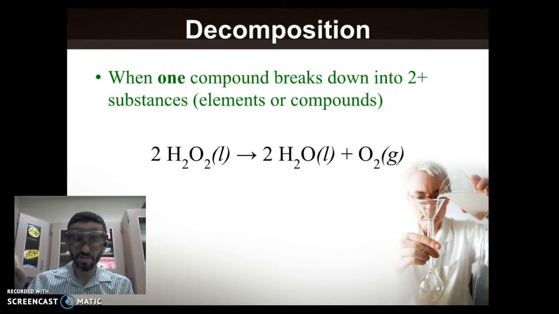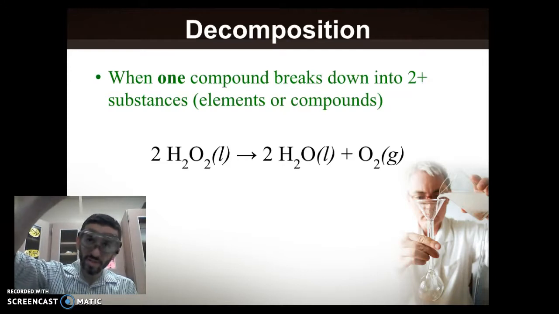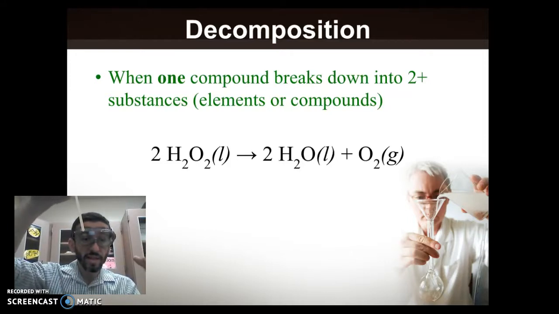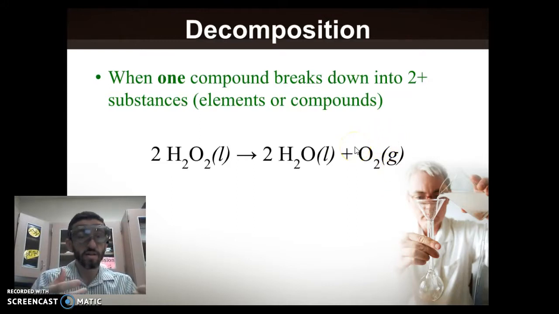I'm going to set my hydrogen peroxide going, and then I am going to put this wooden splint on the top of the beaker, just inside a little bit, not touching the liquid, but we should see the wooden splint relight. And that will be because the oxygen gas over here will be so dense that it will cause the flame to just come back on in full force.